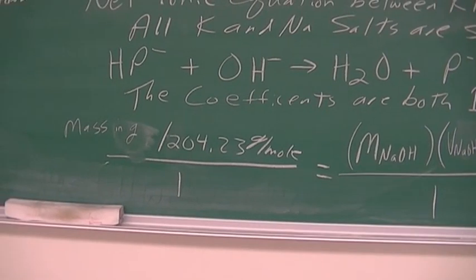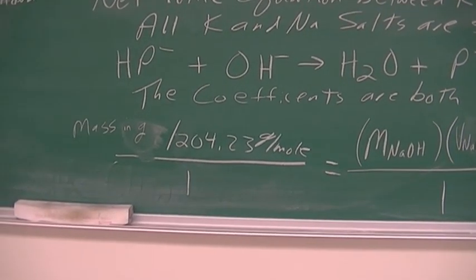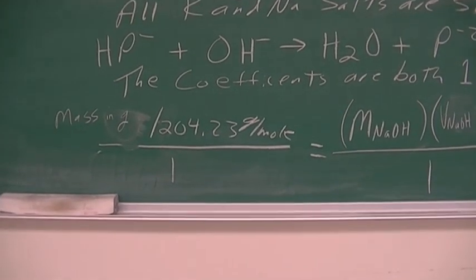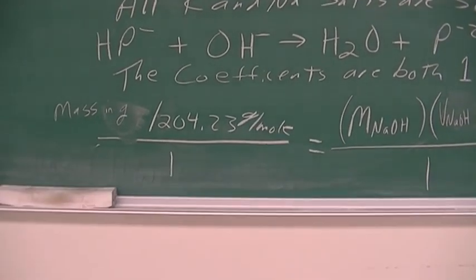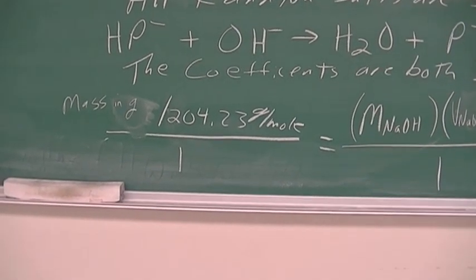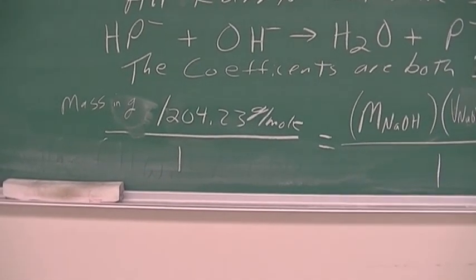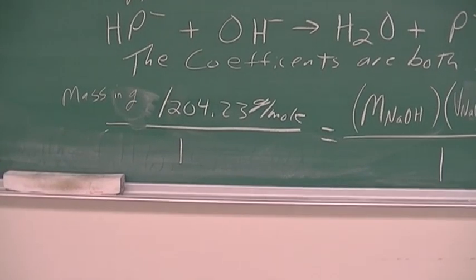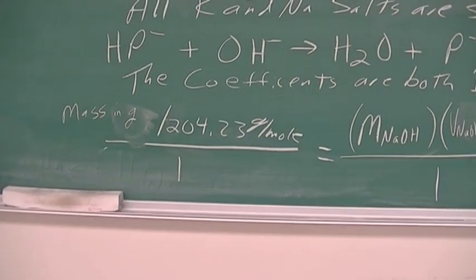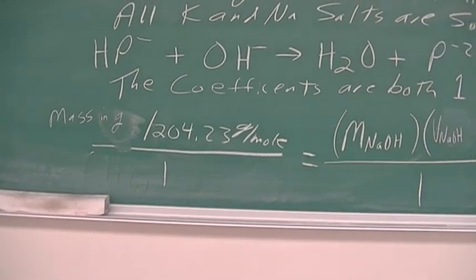So now we put in the mass of our acid. You have in your data sheet the mass of the pure KHP, divided by the molar mass of KHP, which is given as 204.23. And the coefficient in our balanced reaction is 1 for the acid.